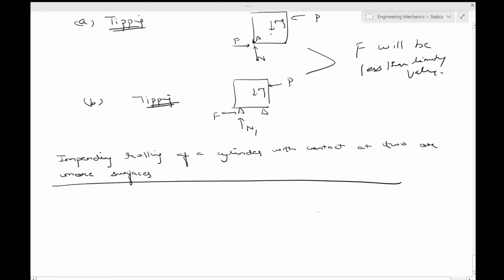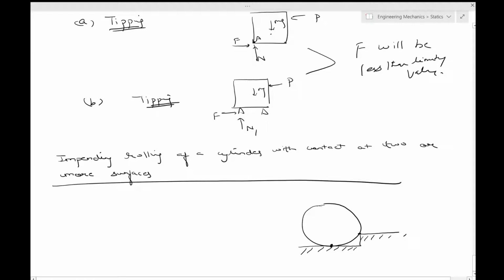Think of it like this. Okay, so this is like a step. At two or more surfaces, so this is contact over here, and this is contact over here.